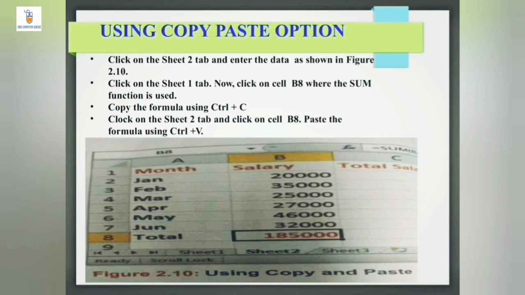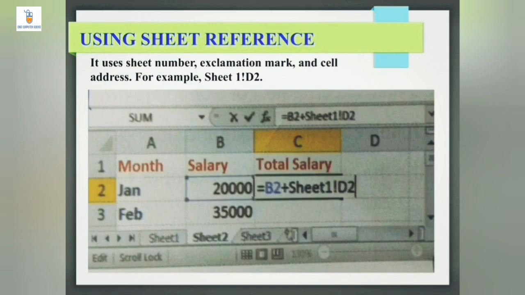Now another way of using the same formula in different sheets is by using sheet referencing. This is a very important topic, using sheet reference in Excel. In the picture here you can see we use sheet name, exclamation mark and cell address for sheet referencing. So here in the total salary, that is column C, the formula is written equal to B2 plus Sheet1!D2.